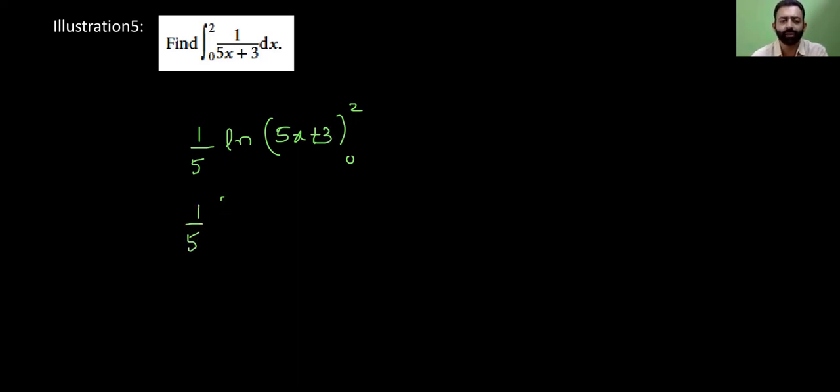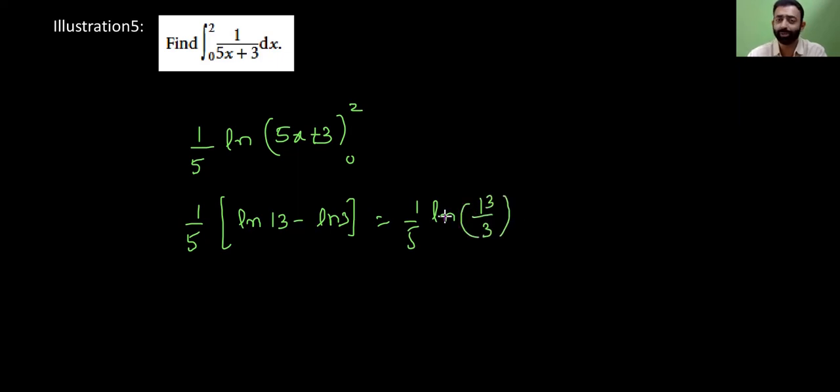This is 1 upon 5 times ln of 10 plus 3, which is 13, minus ln of 0 plus 3, which is ln 3. So ln 13 minus ln 3 gives 1 upon 5 log of 13 by 3. No need to write plus c because this is a definite integral, limits are there.